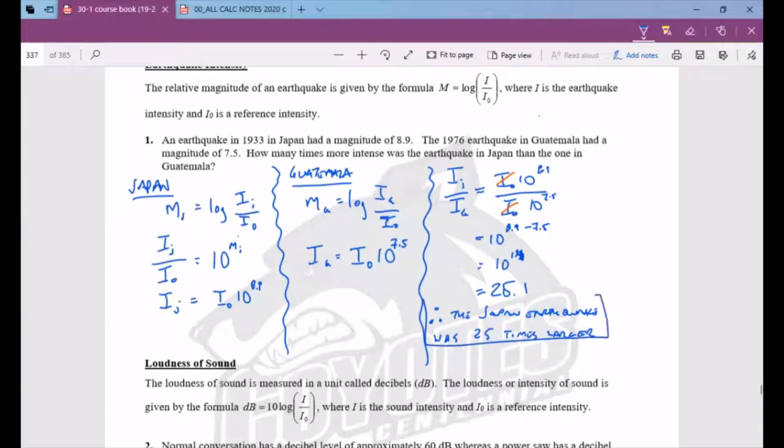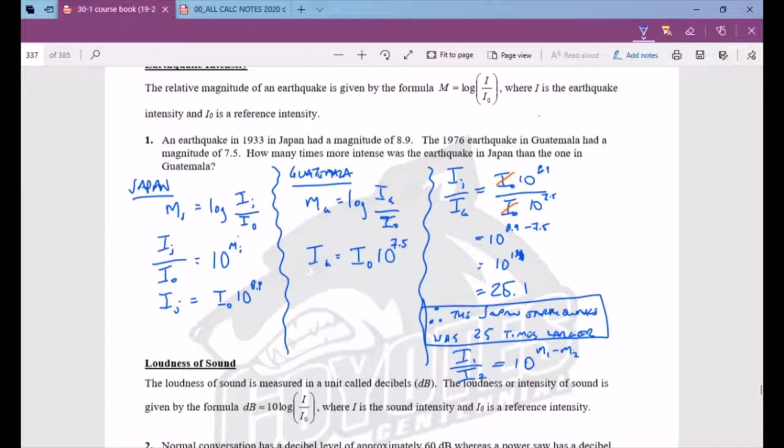So if we're comparing two earthquake intensities, the factor of how many times stronger this earthquake is than that earthquake will equal 10 to the difference in their measurements.